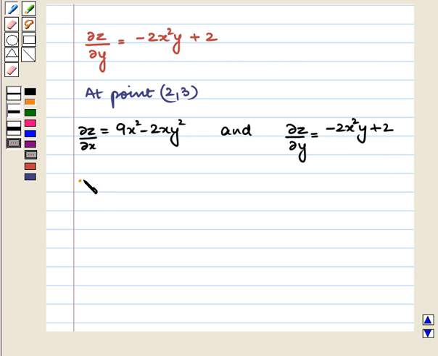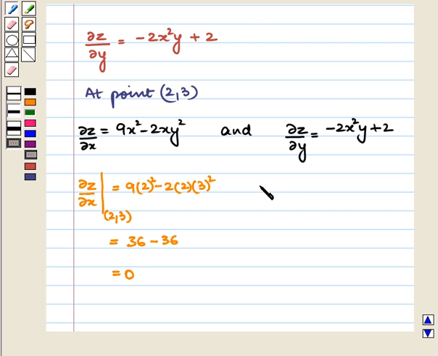So here we write del z by del x at the point 2, 3 is equal to 9 into 2 square minus 2 into 2 into 3 square, which is equal to 36 minus 36, which is equal to 0.